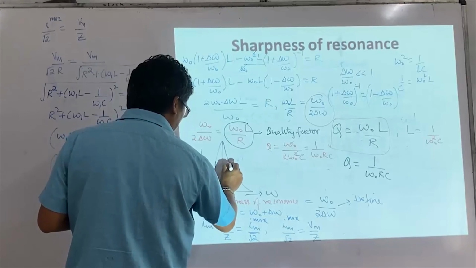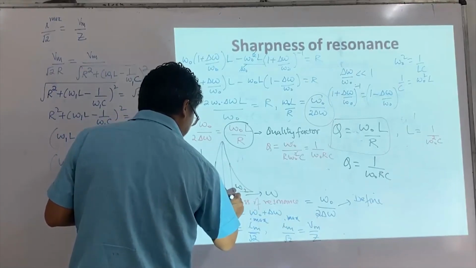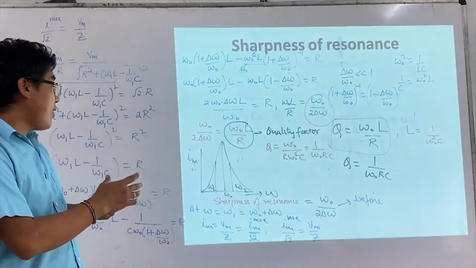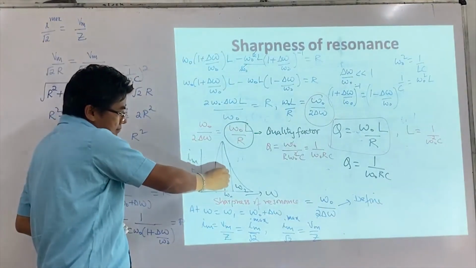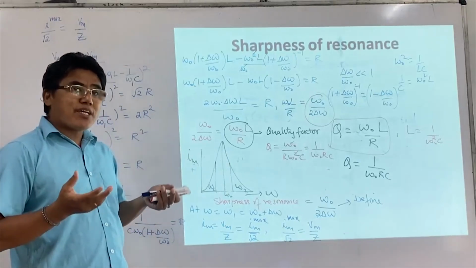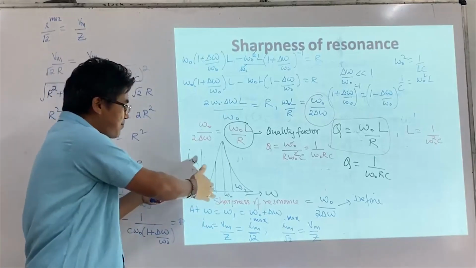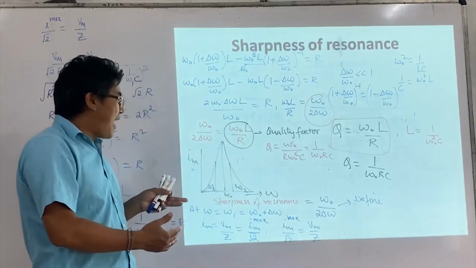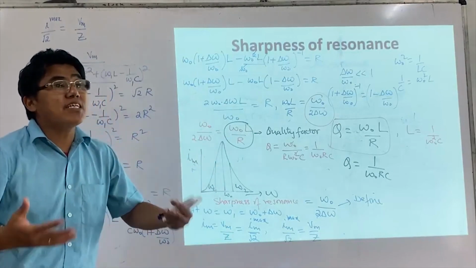If this is the sharpness of resonance, then whichever frequency falls within this bandwidth, you would get a maximum current and a maximum signal. So if this bandwidth is wide enough, then so many frequencies fall within this bandwidth, and we would get so many signals at a time.